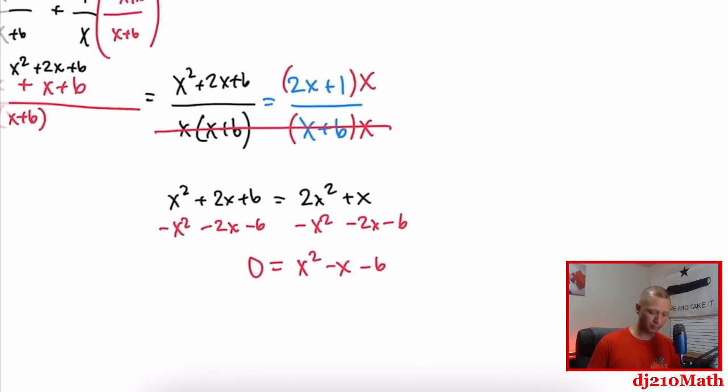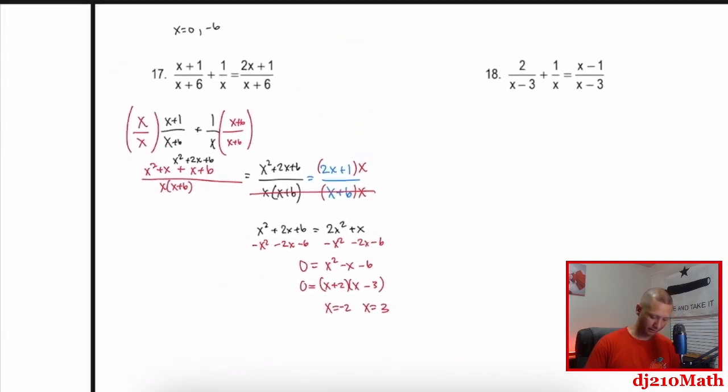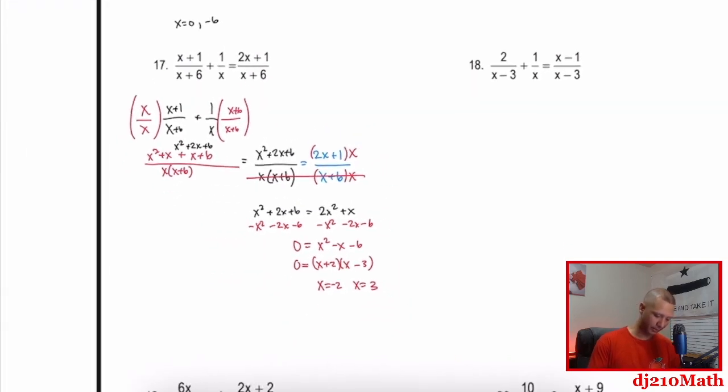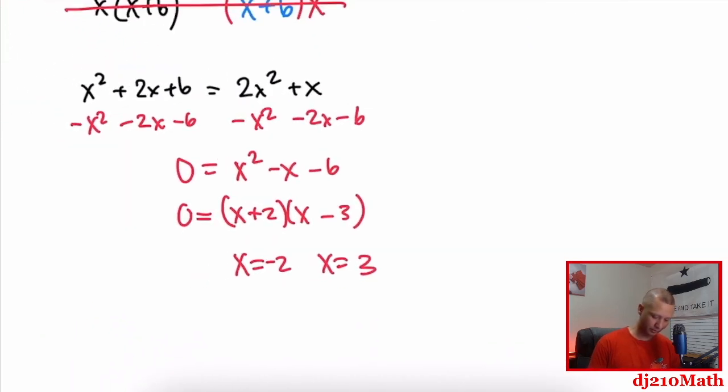So two numbers that multiply to make negative 6 that add up to negative 1: 2 and 3, but the big one's negative, which means x equals negative 2 or x equals positive 3. Looking at our bad answers, 0 and negative 6, so negative 2 and 3 are legit.